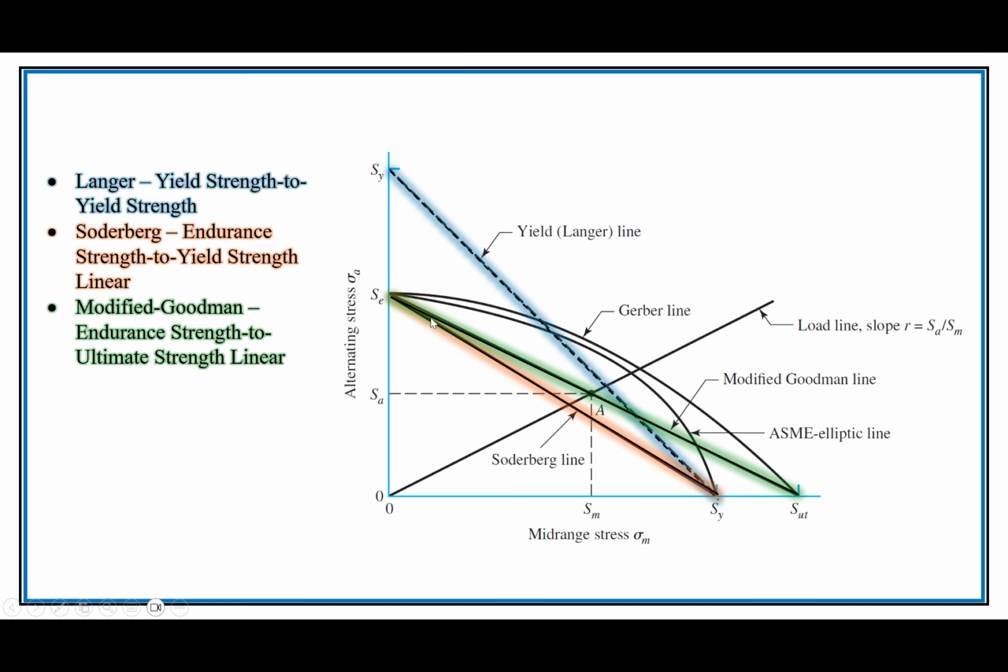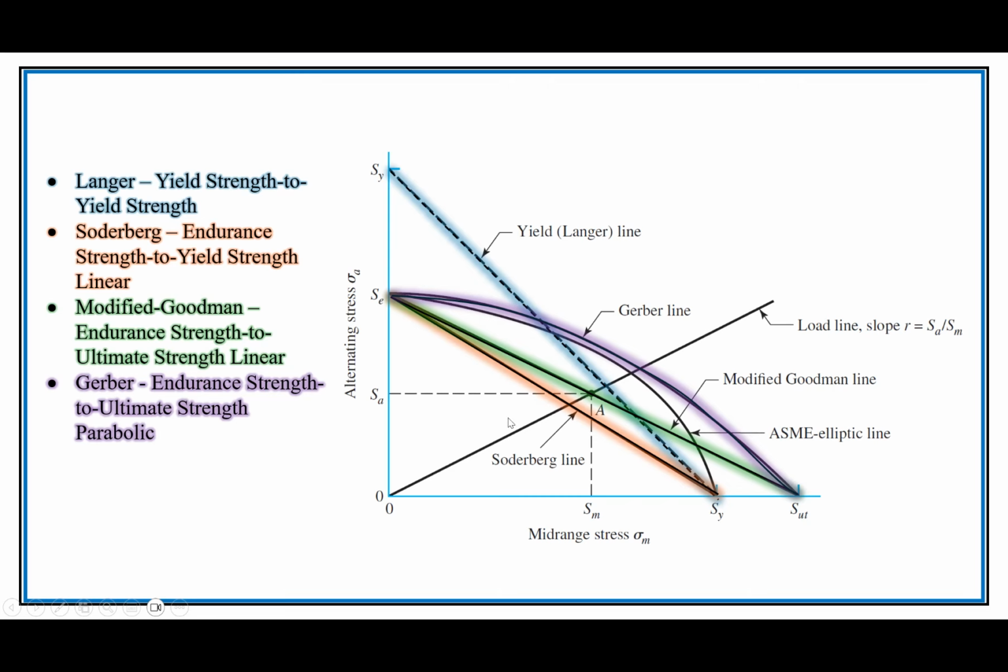So the modified Goodman here in green, and their load line, they happen to have put in this point right here, SA and SM, is passing and touching on the Goodman line. So that would be a safety factor of 1 for Goodman, as they've drawn here. And then included in here is the curvature one, which is the endurance strength to ultimate strength, the Gerber. Right there, you can see the Gerber line, right?